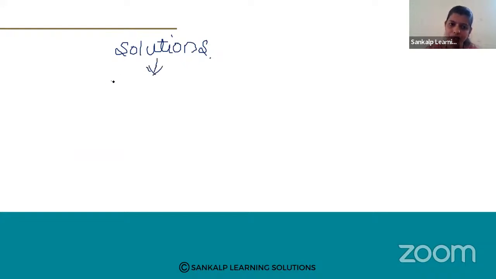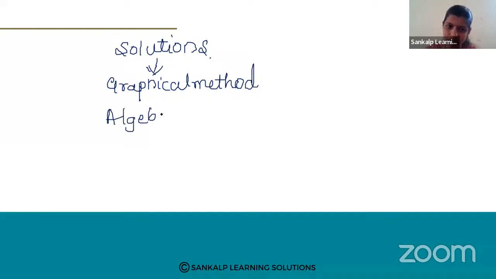One method is the graphical method. Another one is the algebraic method. So we find the solutions by two methods. First one is the graphical method and another one is the algebraic method.